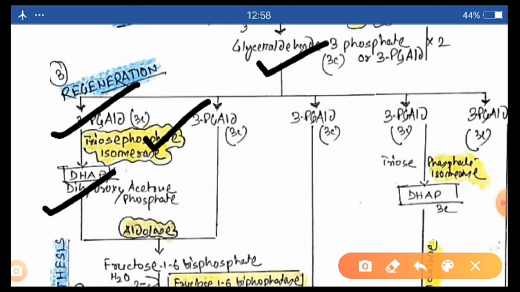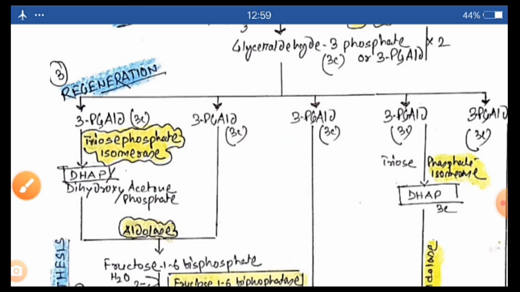Okay, this dihydroxyacetone phosphate then reacts with 3-PGALD. Okay, so 3 carbon plus 3 carbon, it is 6 carbon.